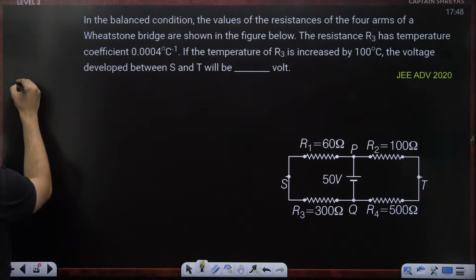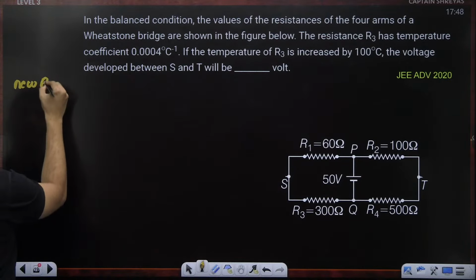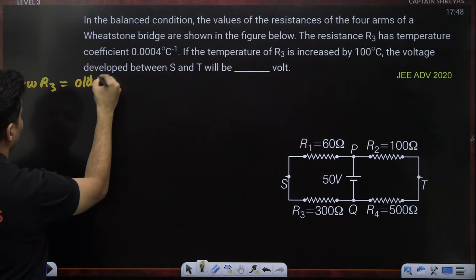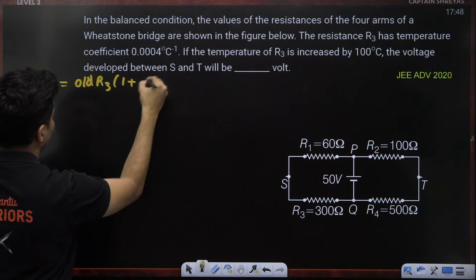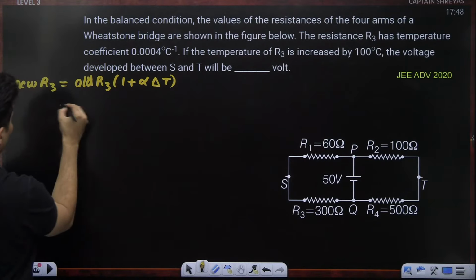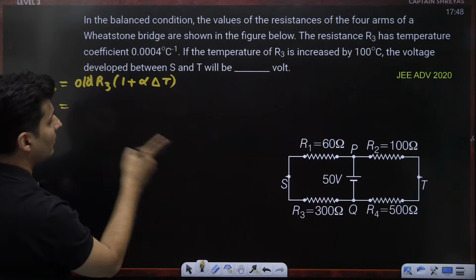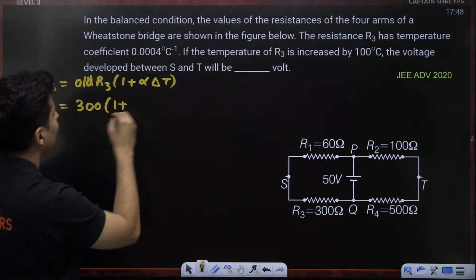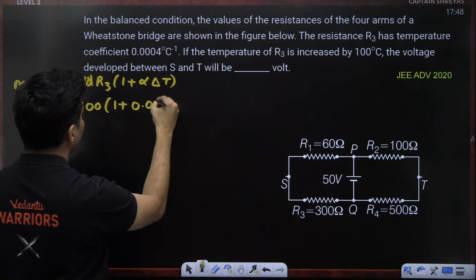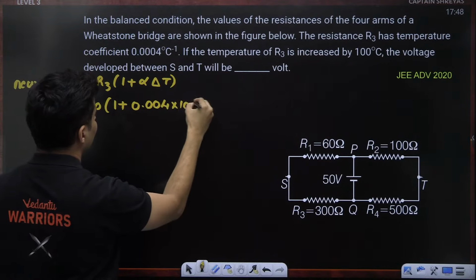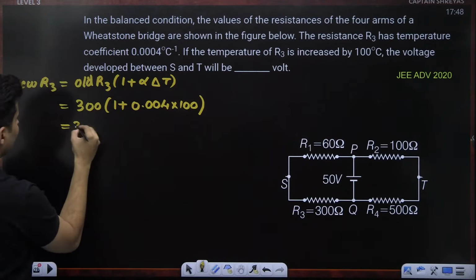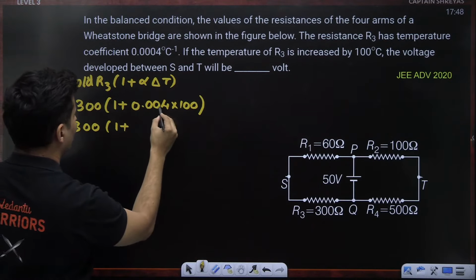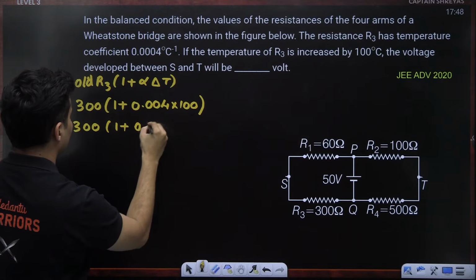The new resistance will be the old resistance into 1 plus alpha into delta T. That is the formula. The old resistance of R3 is 300 into 1 plus alpha, which is 0.004, into temperature, which is 100.